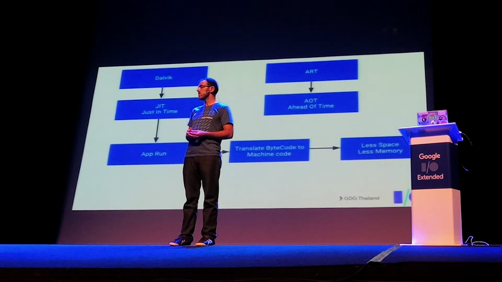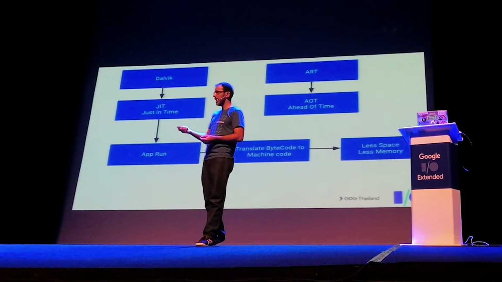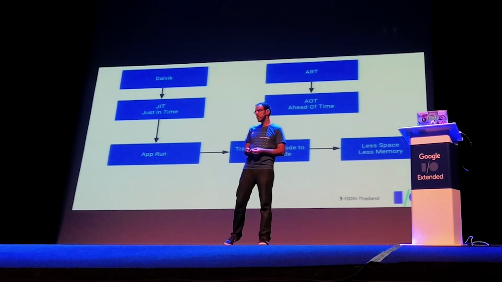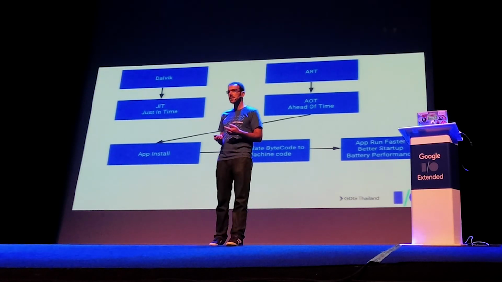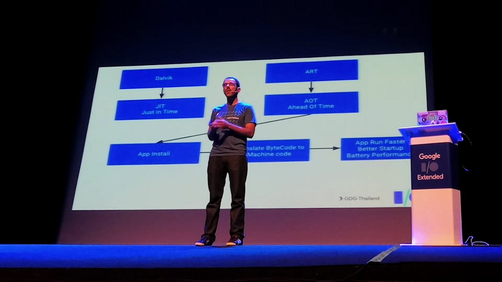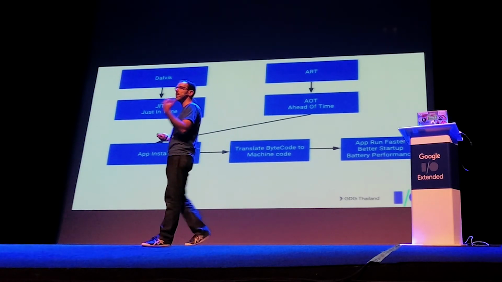But the time came with better devices and with better architectures. And ART uses ahead-of-time compilation. What does that mean? In that case, ahead of time means that when the app is installed, we are translating the bytecode to the native code.